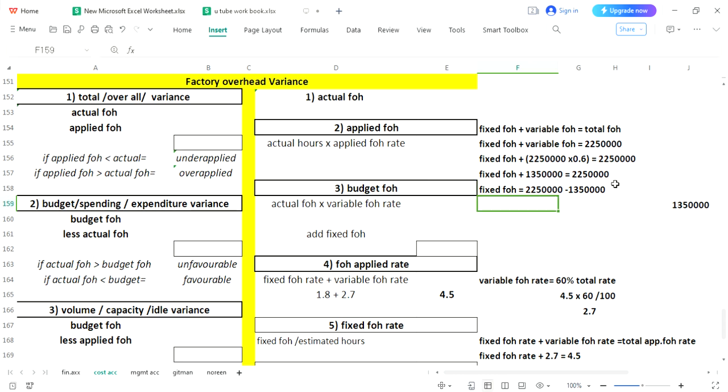Now finally we can put it on our calculator. 22 lakh 50,000 minus 13 lakh 50,000. Alright, so we have got 9 lakh as our fixed FH. So we have calculated fixed FH.